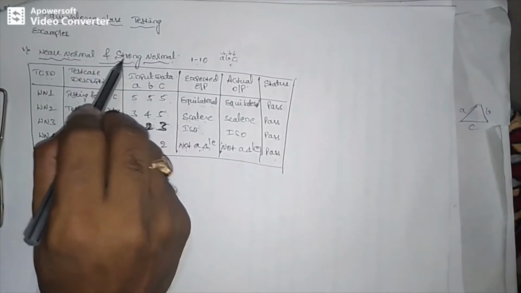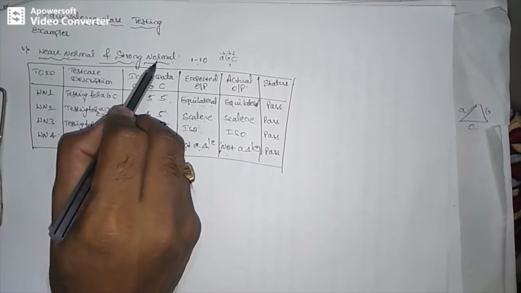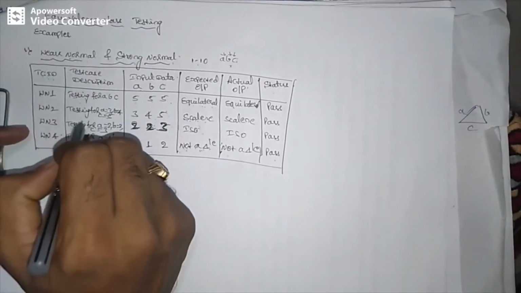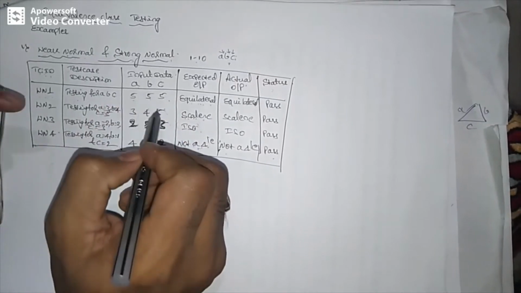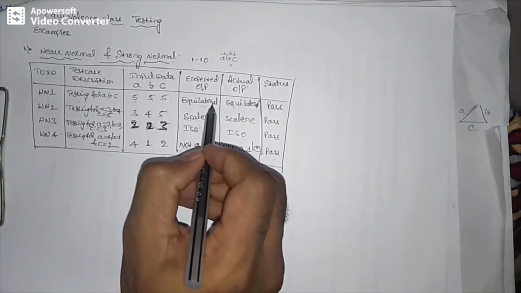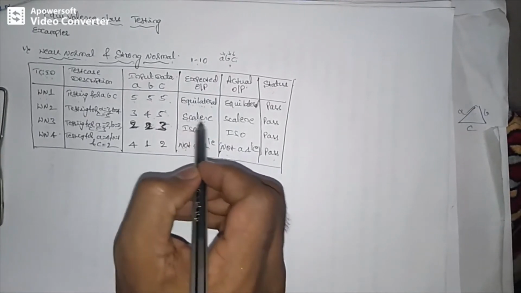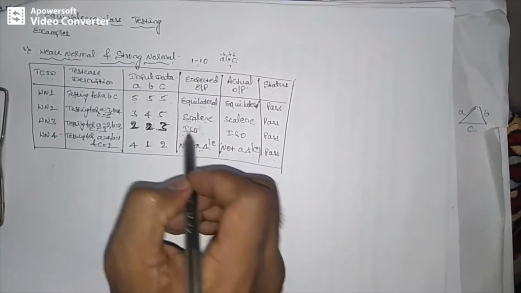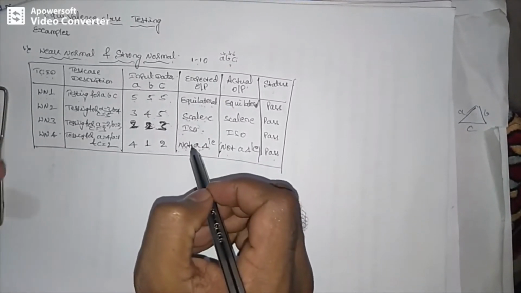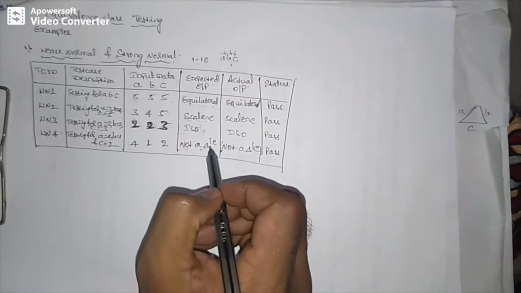But when I move to strong normal test cases, they are similar to weak normal test cases, but here we generate redundancy of the output result. 2 times I will generate the equilateral triangle, 2 times the scalene triangle, 2 or more times the isosceles triangle, and 2 or more times not a triangle.